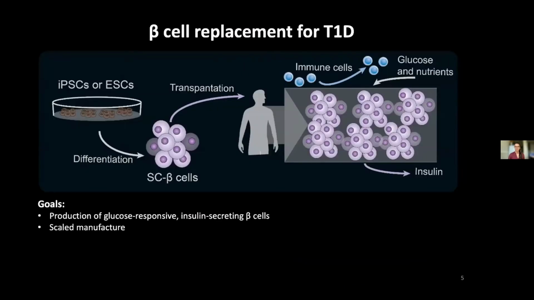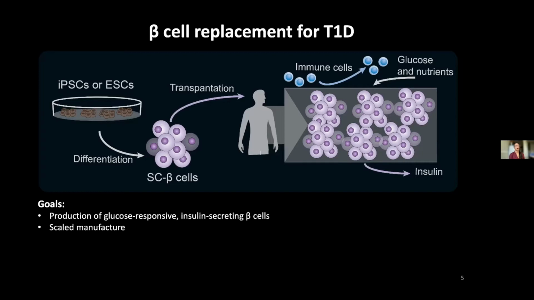So in the Melton lab, the main goal is using beta cells for cell replacement therapy. And what we do in the lab is generating beta cells from either iPSCs, that are induced pluripotent stem cells, or embryonic stem cells, the ESCs, with the goal of producing glucose responsive insulin secreting beta cells that will go at some point back to the patient.